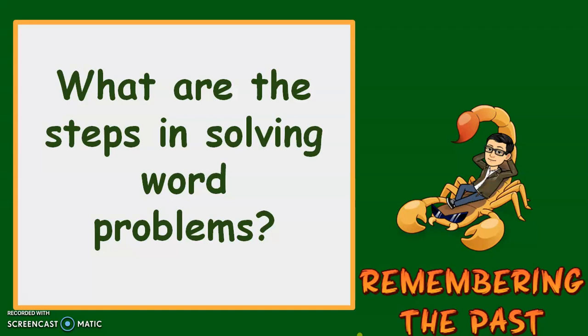Under your illustration, we have your given. So we need to apply all the given information in your illustration. Next, we have the solution. Under your solution, we have your equation and of course, the solution itself of the problem. And then the last one, we have the final answer. Our final answer must be in statement form.